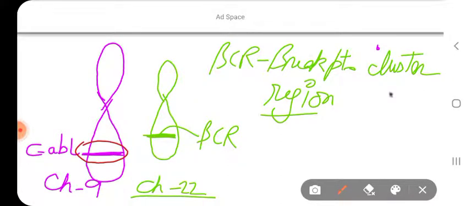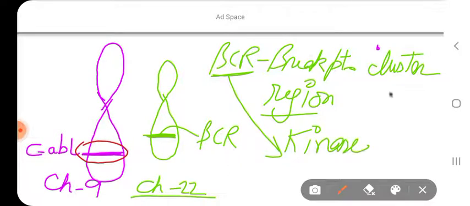This BCR region codes for a protein which has serine threonine kinase activity.